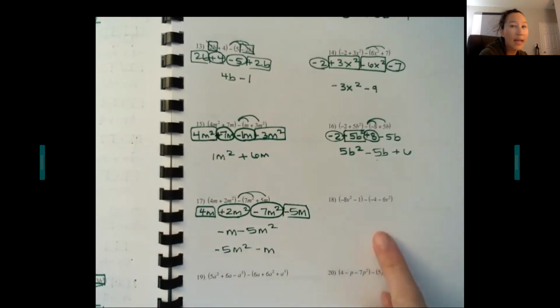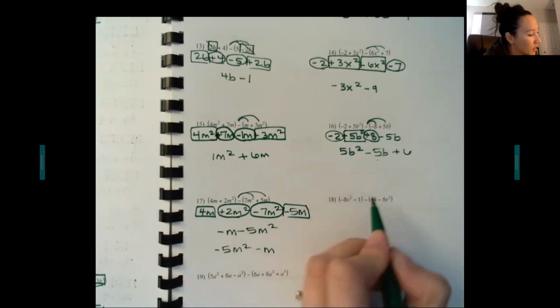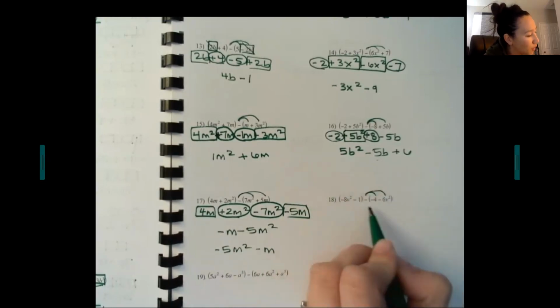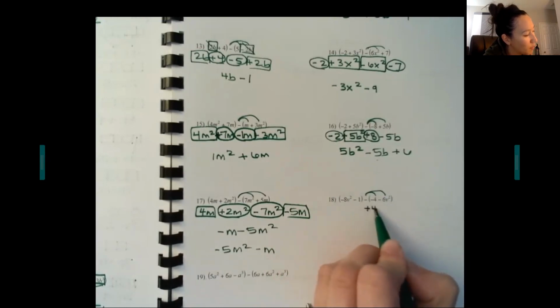Okay, and then Kaleni, number 18. And then it looks like Solomon left for number 19. I'm not sure where Kaleni went, so we'll just go ahead and do it for her. So we have to first flip all of our signs. So negative 4 becomes positive 4.